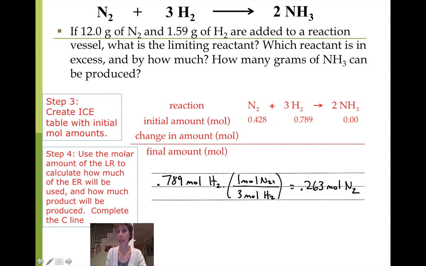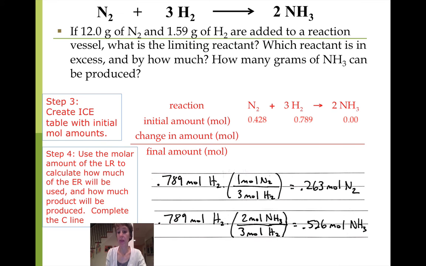So that gives us 0.263 moles of nitrogen that are actually used. So that's what's going to go in that middle line there. And then for the product, we start with that same hydrogen and apply a stoichiometric ratio to calculate how much ammonia is going to be produced. And we get 0.526 moles. So these values go in the change line.